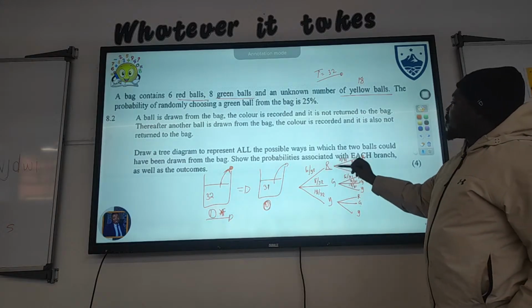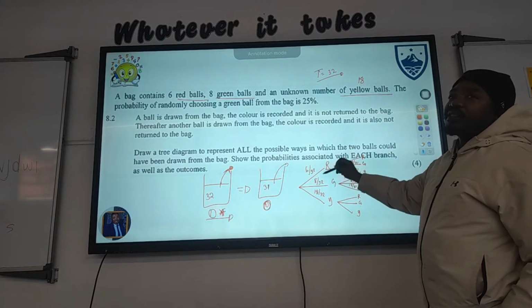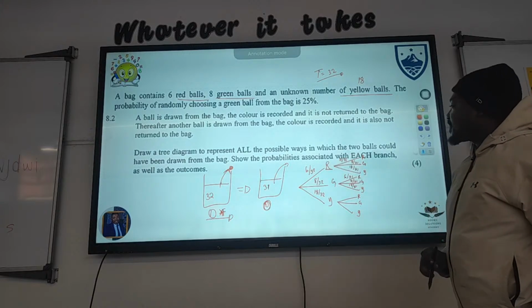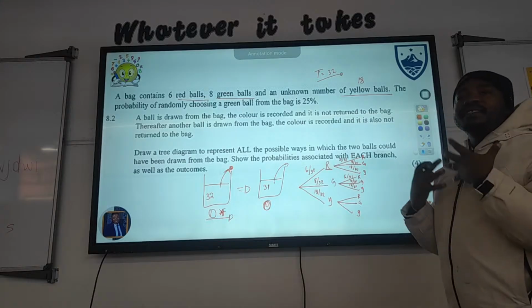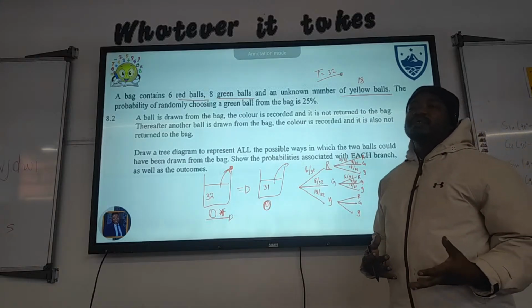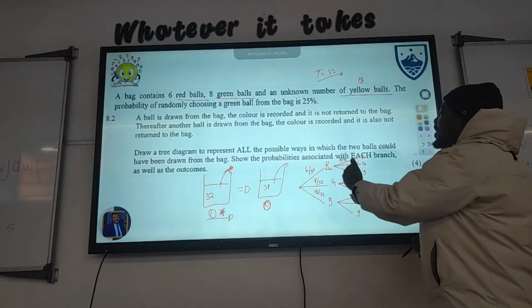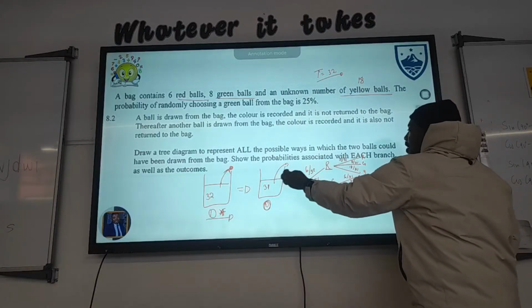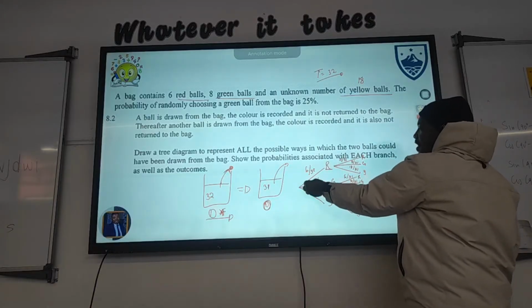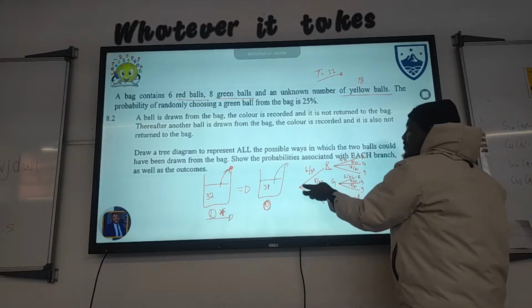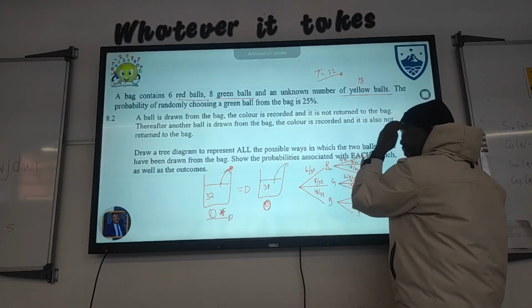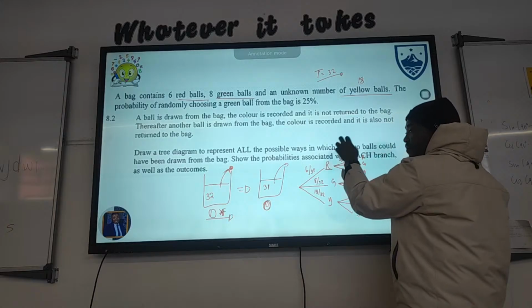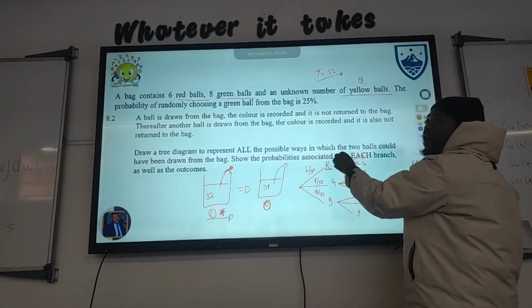So in each branch, what's going to be affected is what was taken out. So for this branch, we pretend as if the red ball was taken out. The possibility of a red ball being taken out was going to happen here. But the other possibility is that the green ball has been taken out, and we forget about what we just made as a possible outcome.